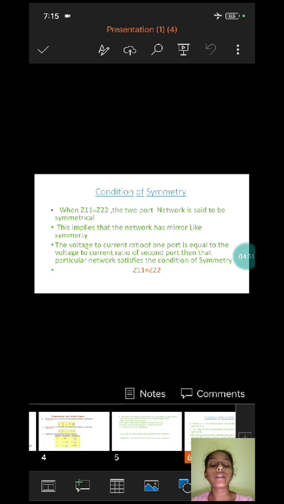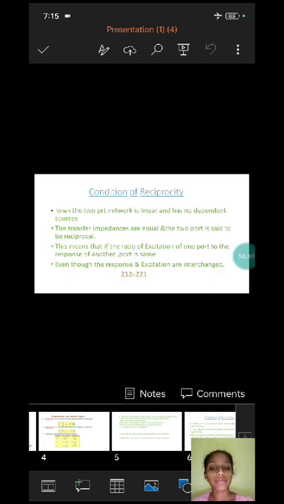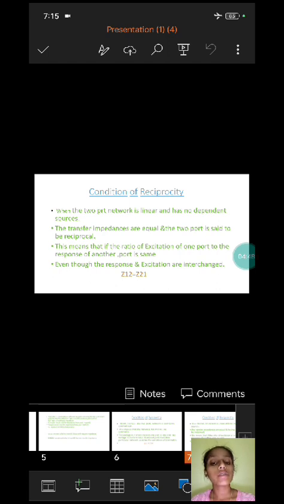Then that particular network satisfies the condition of symmetry, and the condition is Z11 is equal to Z22.